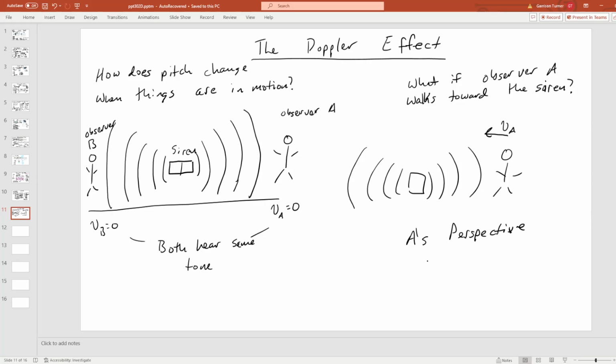So from A's perspective, the waves are more crunched up, or to be a little more formal, the waves are compressed.